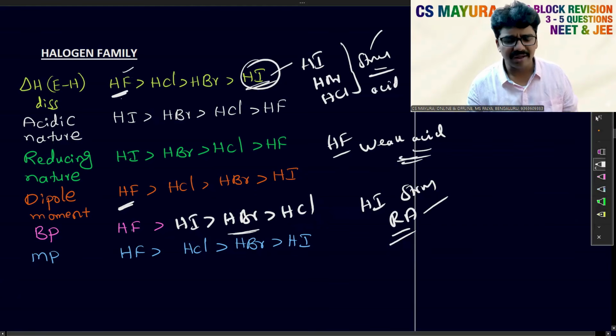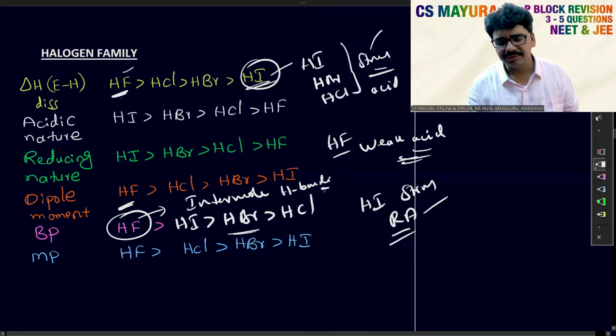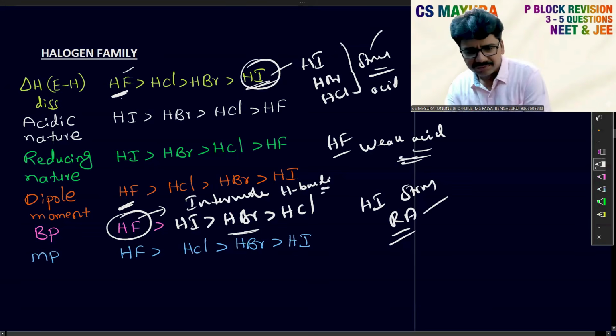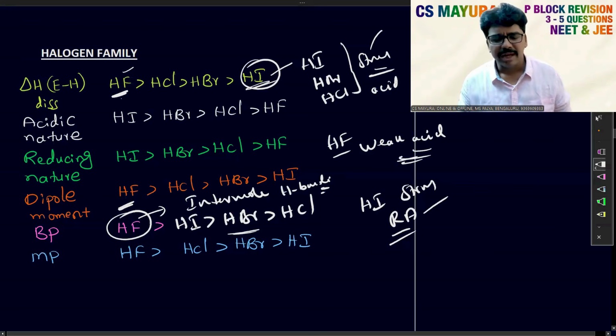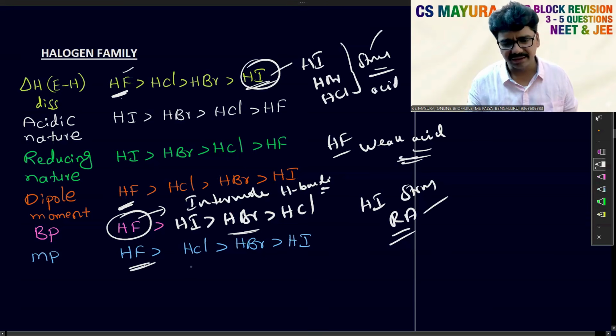This is the order of boiling point. Why does HF have a high boiling point? Because of intermolecular hydrogen bonding. In the other molecules, which factors are to be followed? Dipole-dipole interactions and molecular weight. So the melting point of HF is greater than HCl, HBr, HI.